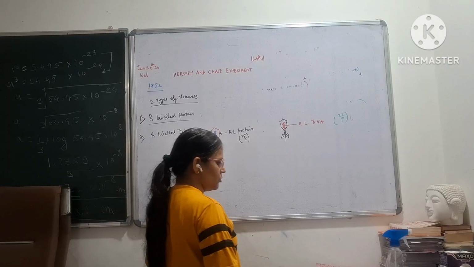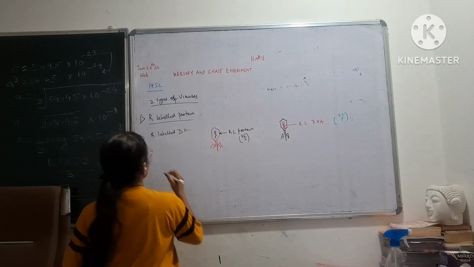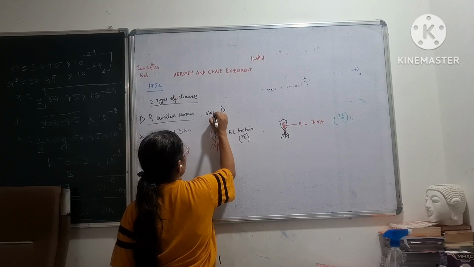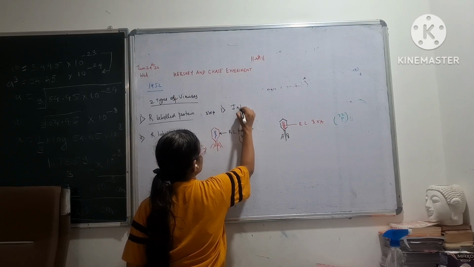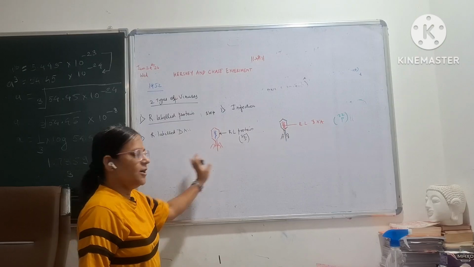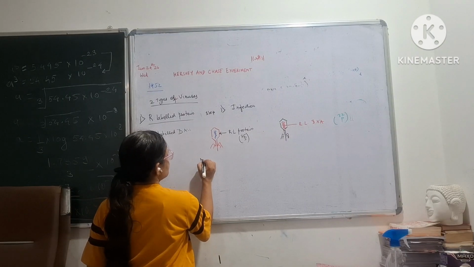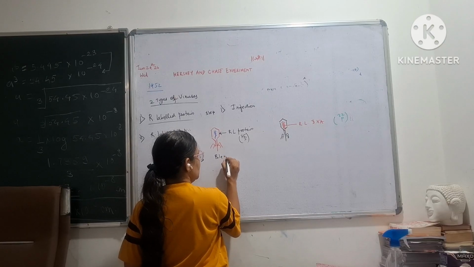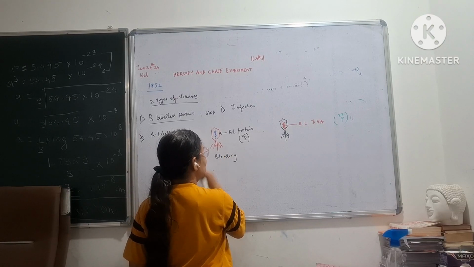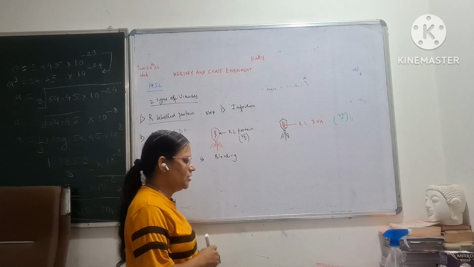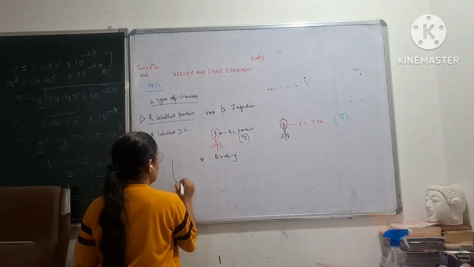After infection, step 1 was infection. We have already seen how the virus infects the bacterial cell, right? Now the second step was what? After infection, allowing some time for the virus to infect the bacteria. After some time, these tubes were centrifuged.